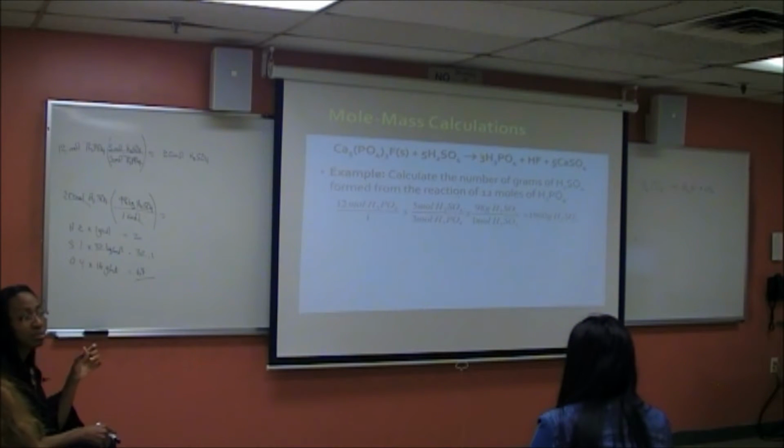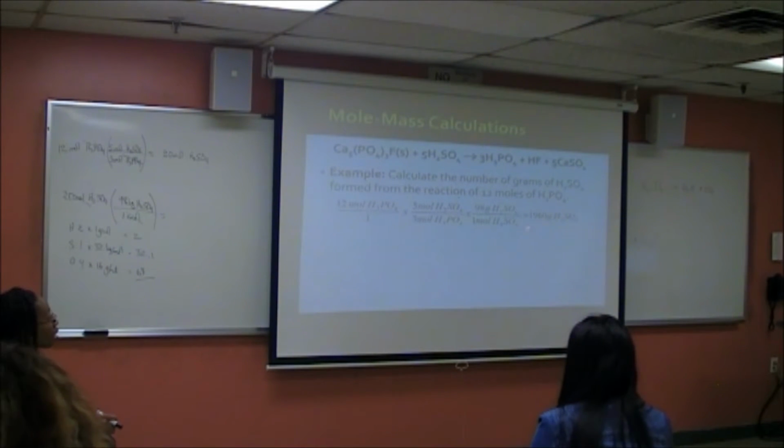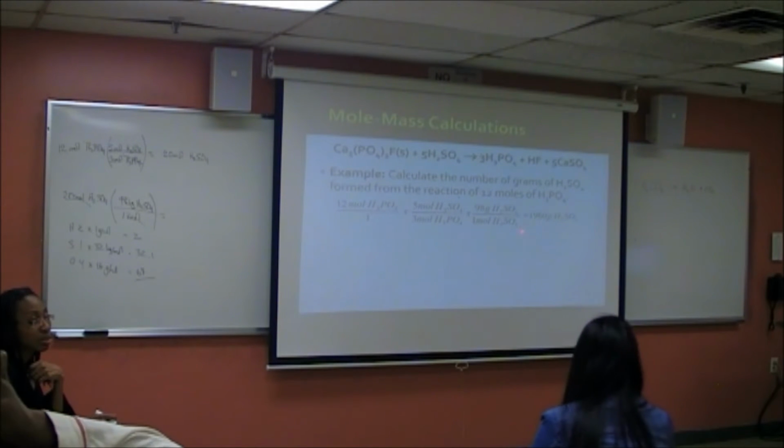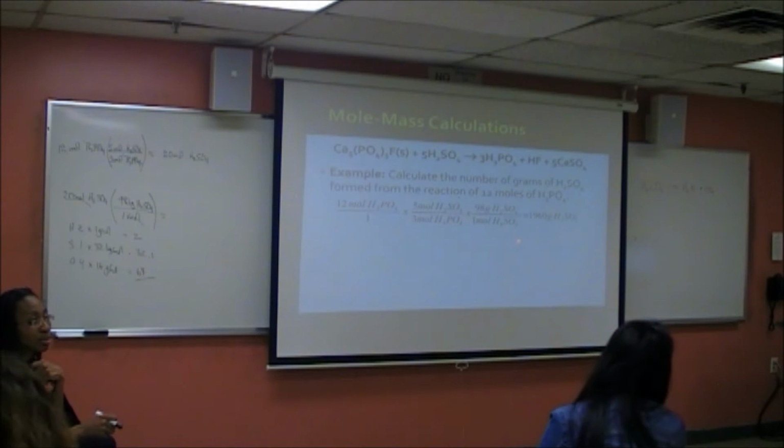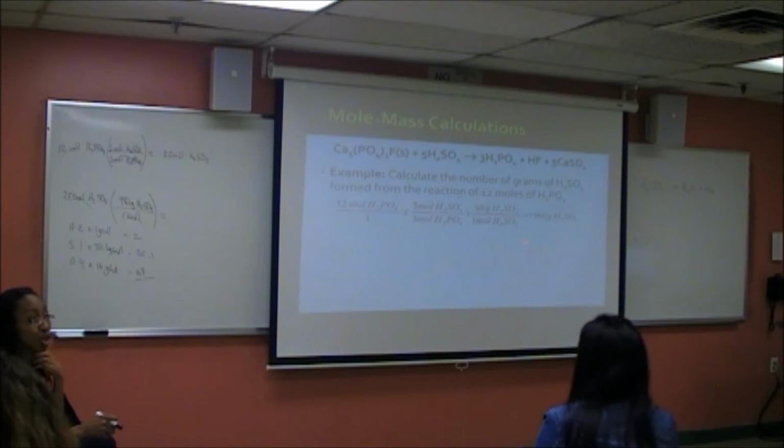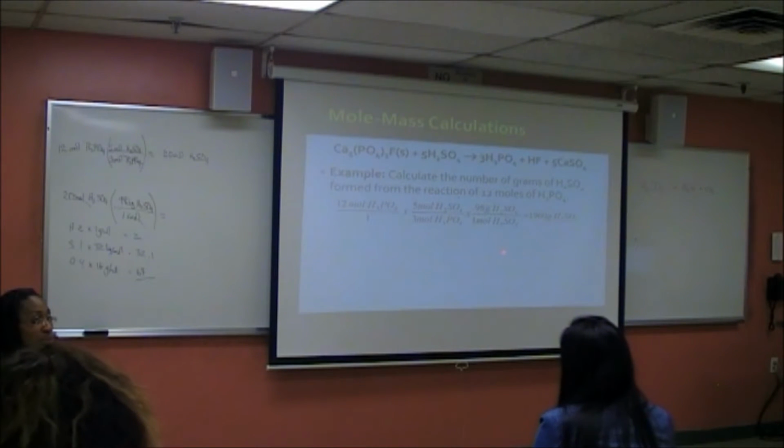So where would you put your decimal point? After the first significant figure. So between what and what? Between 1 and 9.